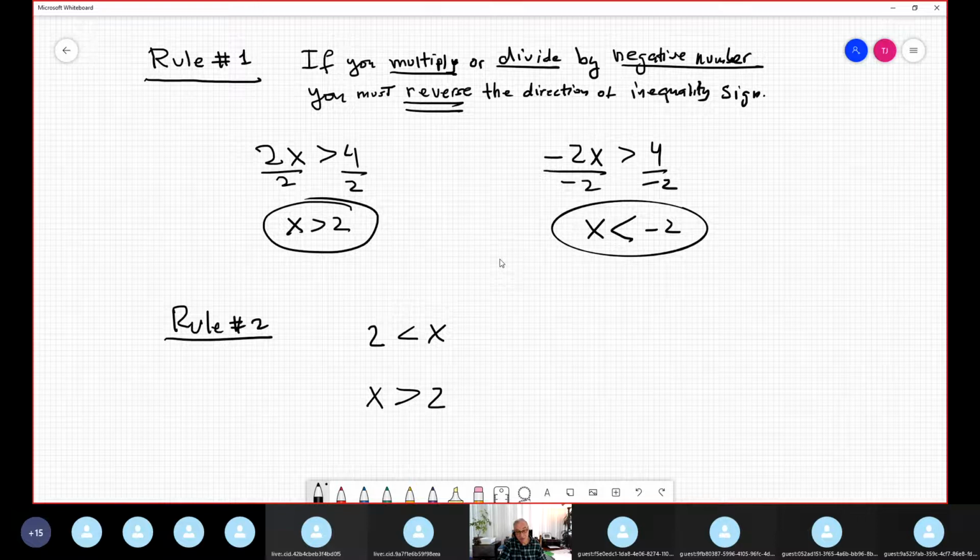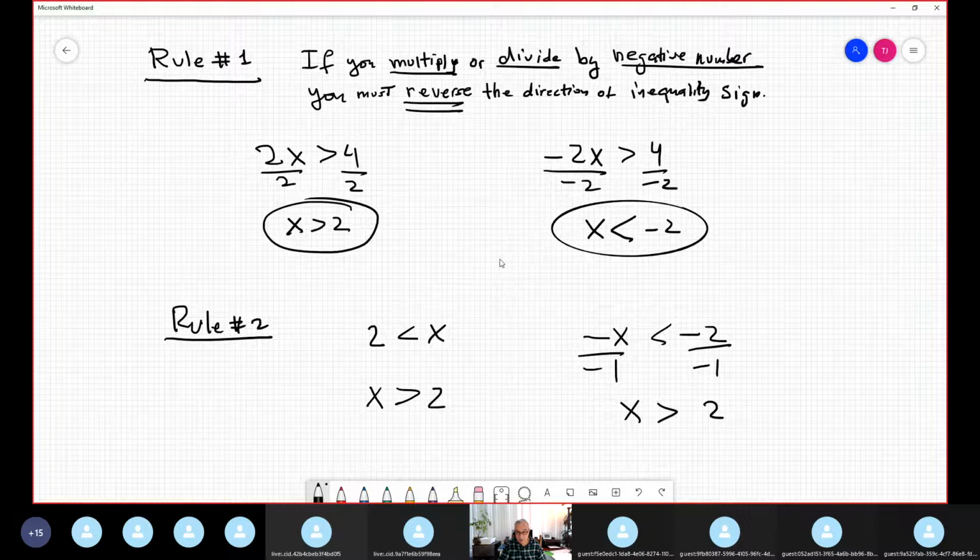This is one idea to understand this. Another possibility is, well, okay, Professor, you explained the division by negative. Say, for example, I move this one to the left as negative. You move this 2 to the right as negative. Now, finally, divide by negative 1 both sides. So x positive and 2 positive, and you reverse, and you get the same result.